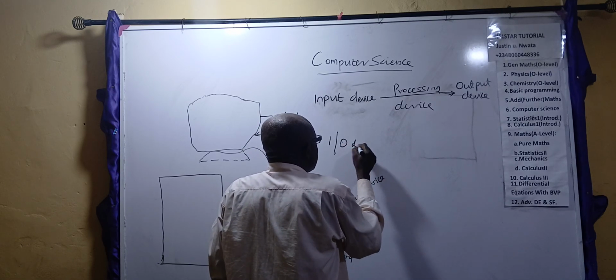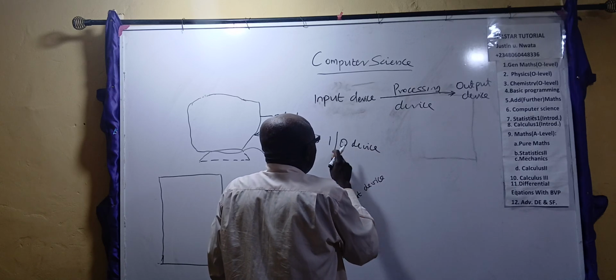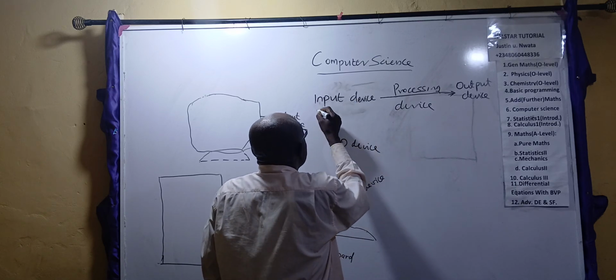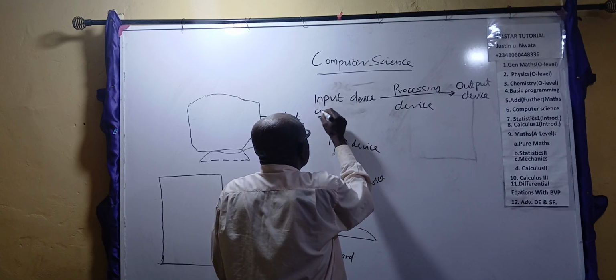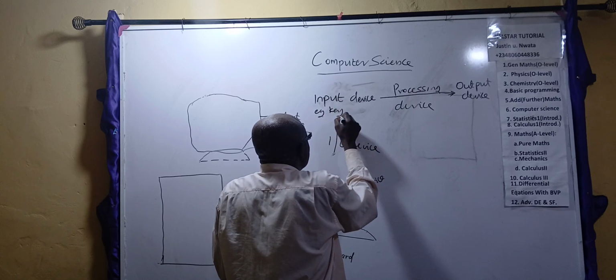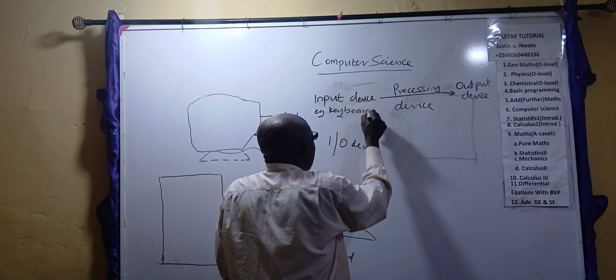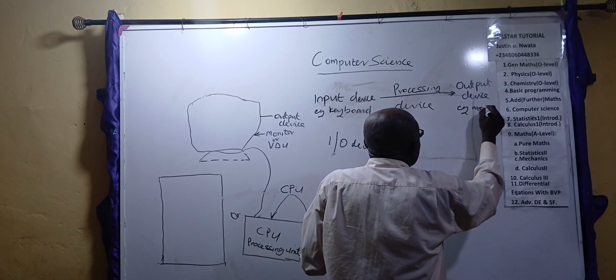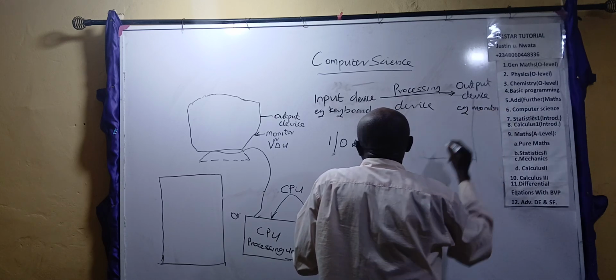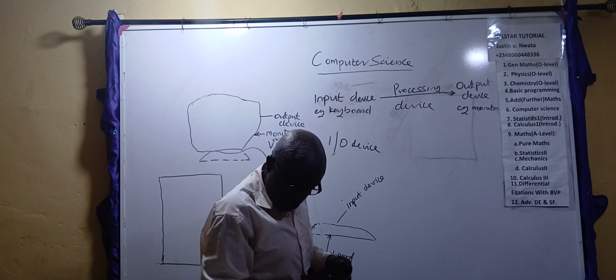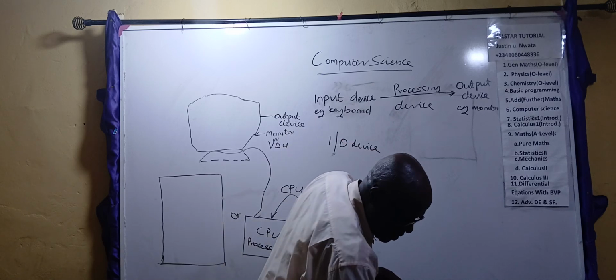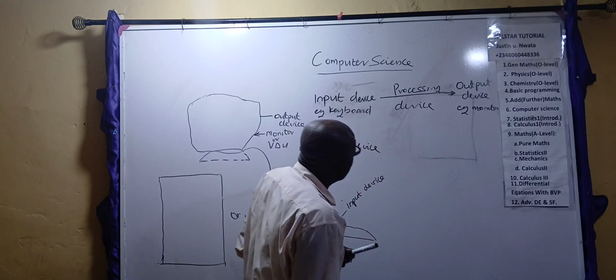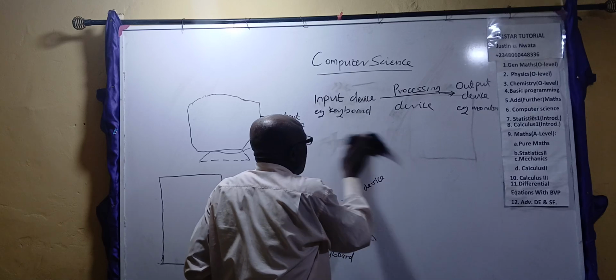Input is, for example, the keyboard. Output is, for example, the monitor. So let's look at this properly so that you get a better understanding about what you are doing.